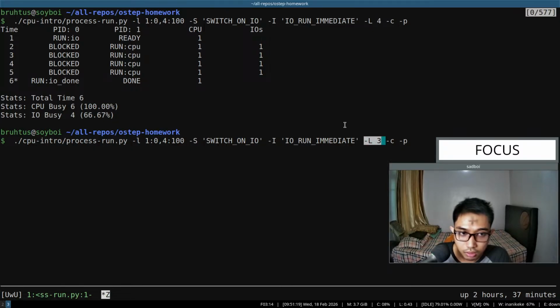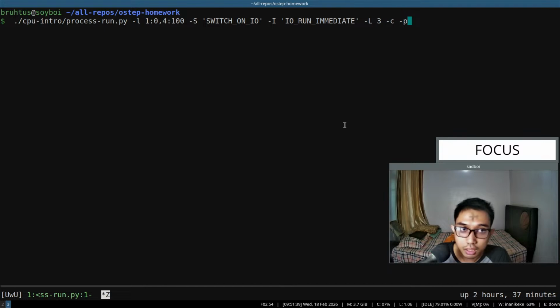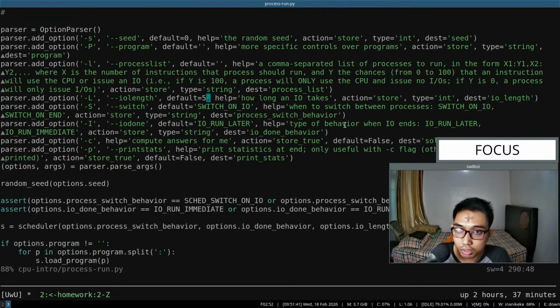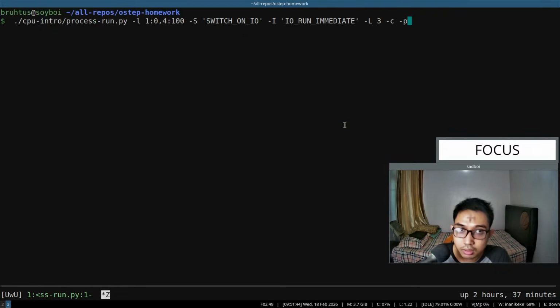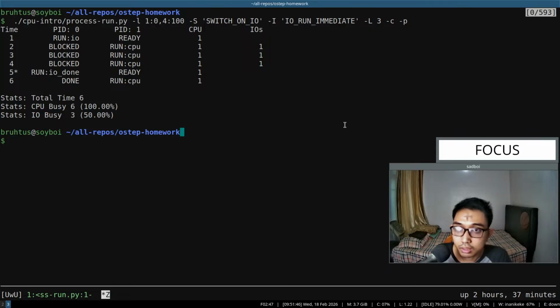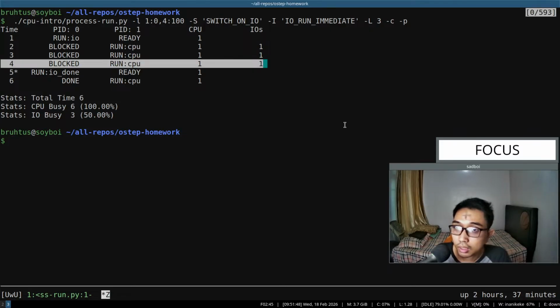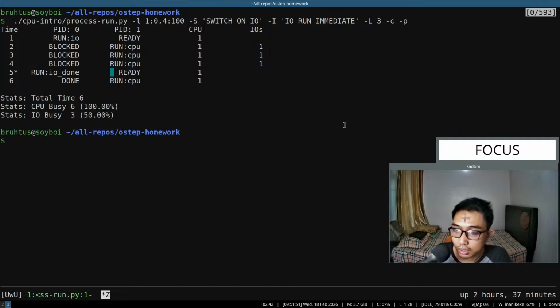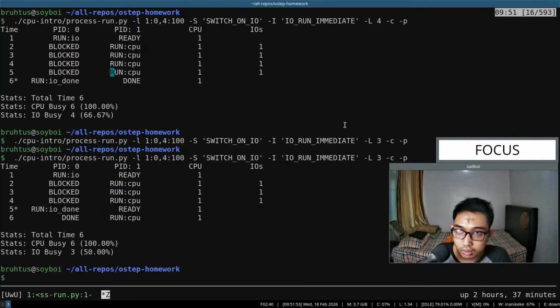Now we are trying out the scenario of less than, and well, we can also change this, I guess, to 3 rather than 4. But let's try out this scenario, the input-output length 3. Okay, now we see something different.